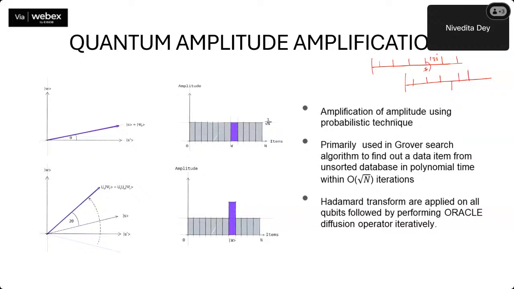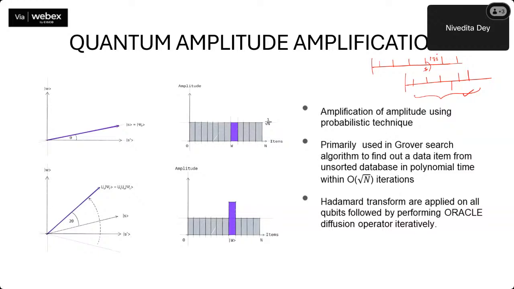Now, once I have this, I will be doing certain steps. Basically, from here, I will calculate the mean, or average, of all the probability amplitudes, or the values of the coefficients. Then I will apply an inversion about the mean.